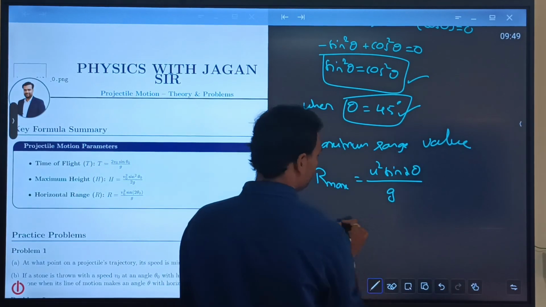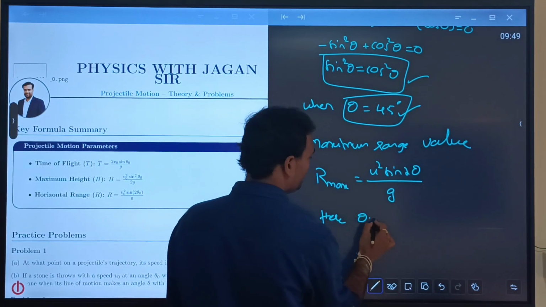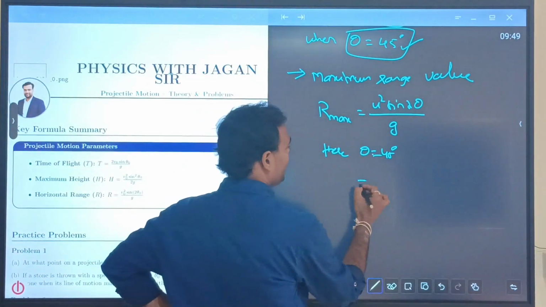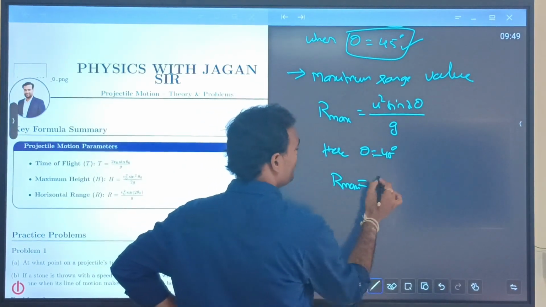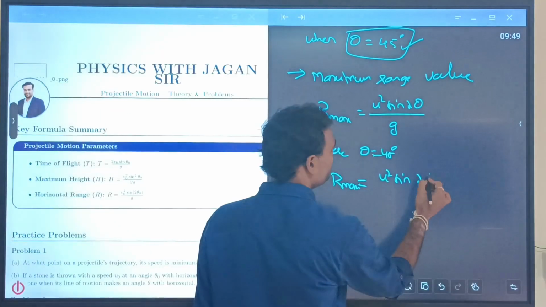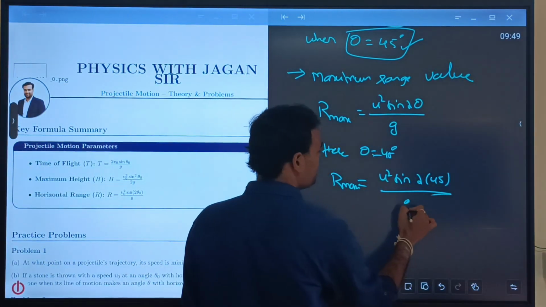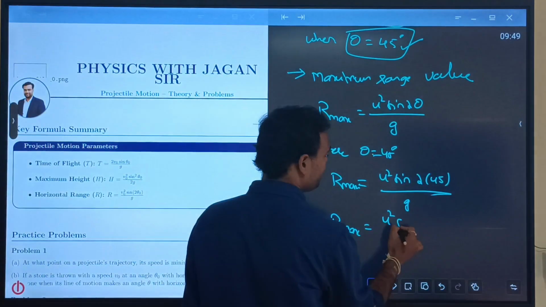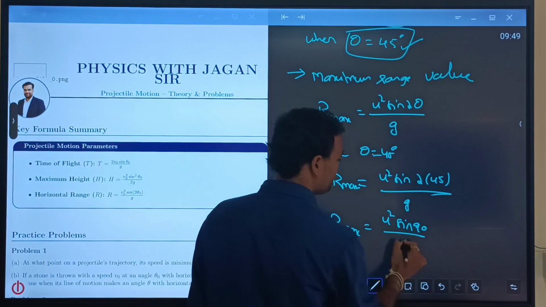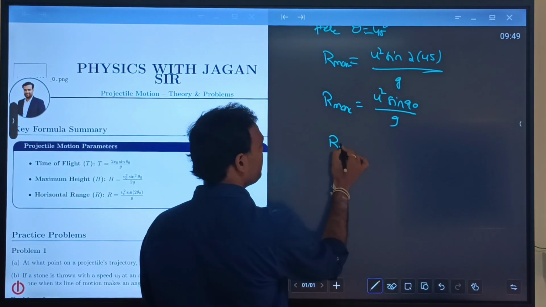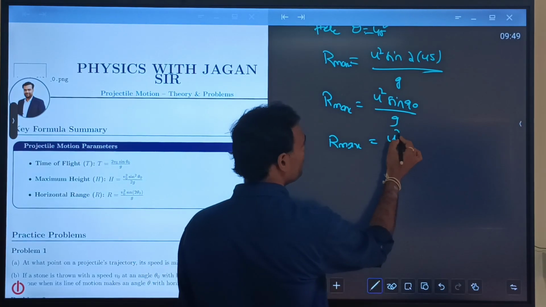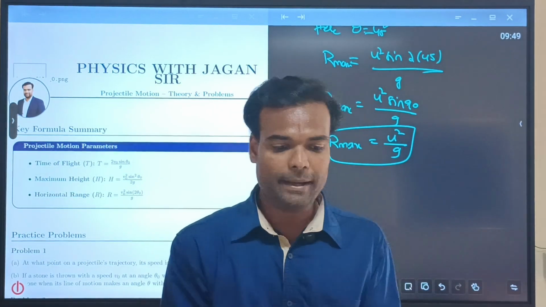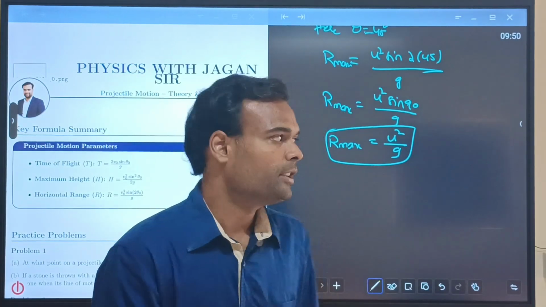Here theta is 45 degrees, so I can write R max as u square sin 2 times 45 by g. Then R max is equal to u square sin 90 by g. Therefore R max is equal to u square by g. Clear? U square by g. This is the maximum range of the projectile motion.